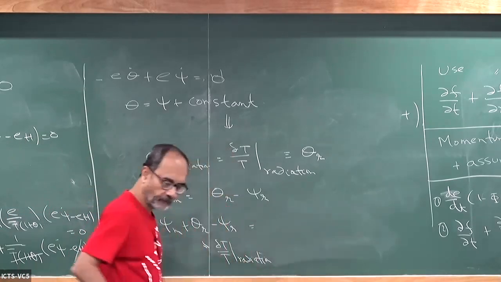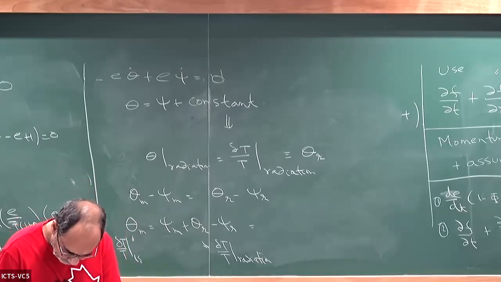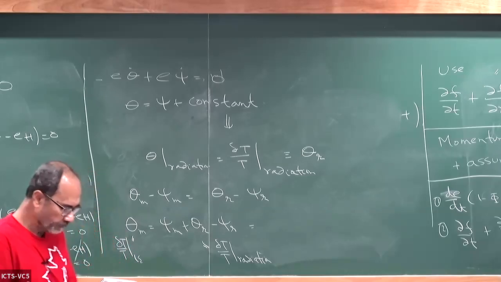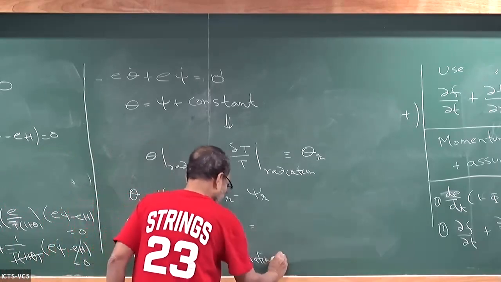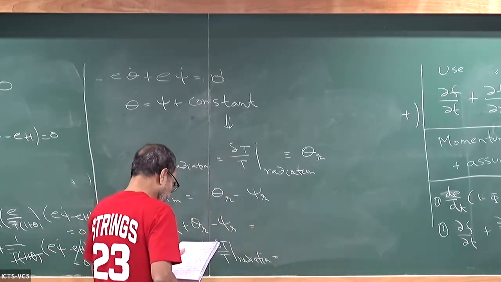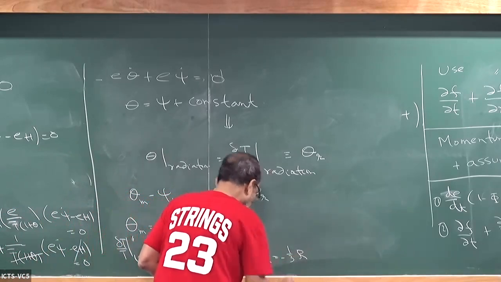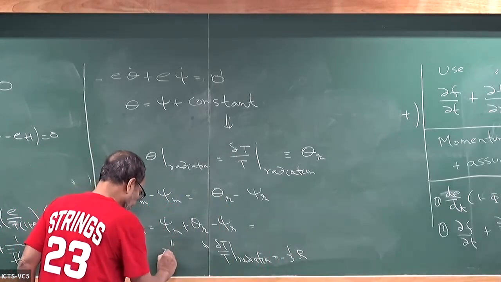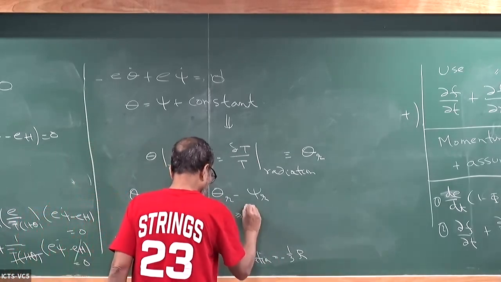Okay, so let's write the formula explicitly. So delta T over T at the radiation dominated era was given by minus 1/3 r. Psi m is 3/5 r and psi r was 2/3 r.